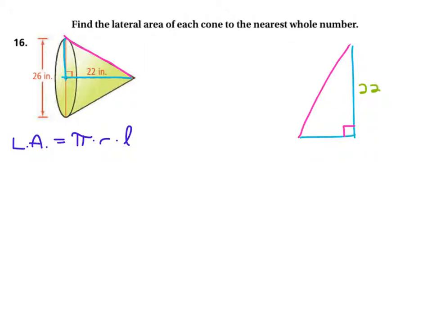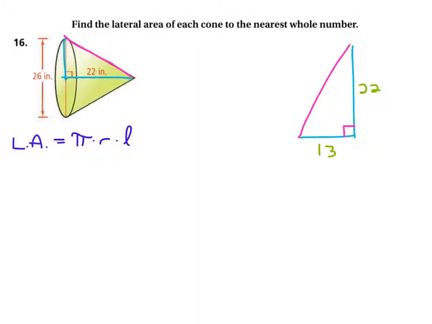And we know that the base here, now notice this, follow my laser pointer on the diagram. This whole thing is 26, so the radius, halfway through, is what we need to use. Half of 26 is 13, so this value is 13 right there.